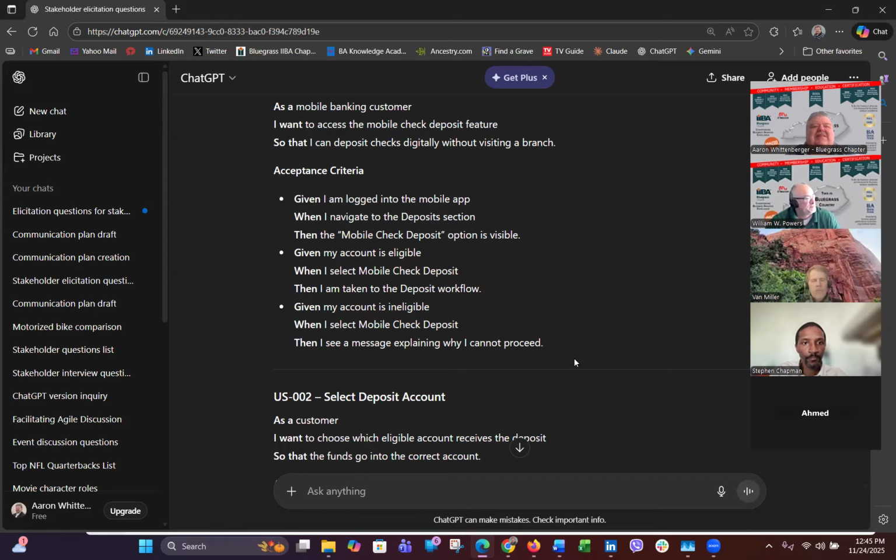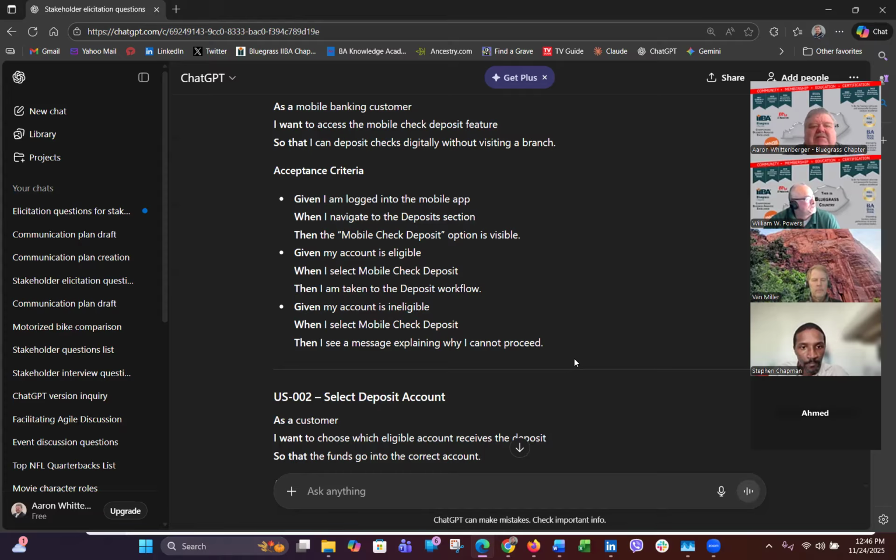Yeah, that was the man's name who invented this. So the given when then format. Given I'm logged into the mobile app, when I navigate to the deposit section, then the mobile check deposit option is visible.